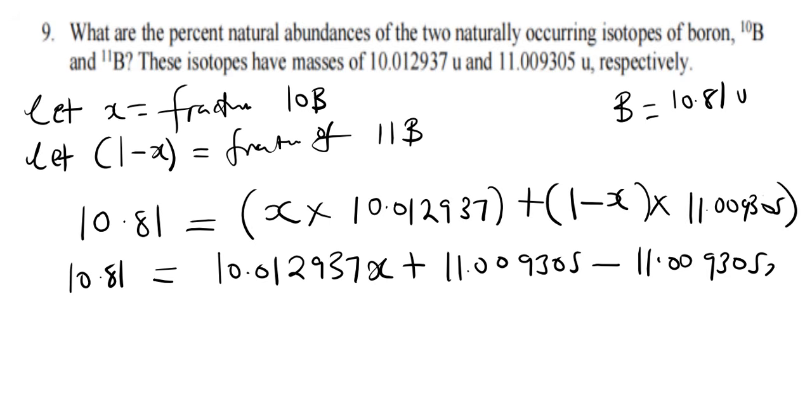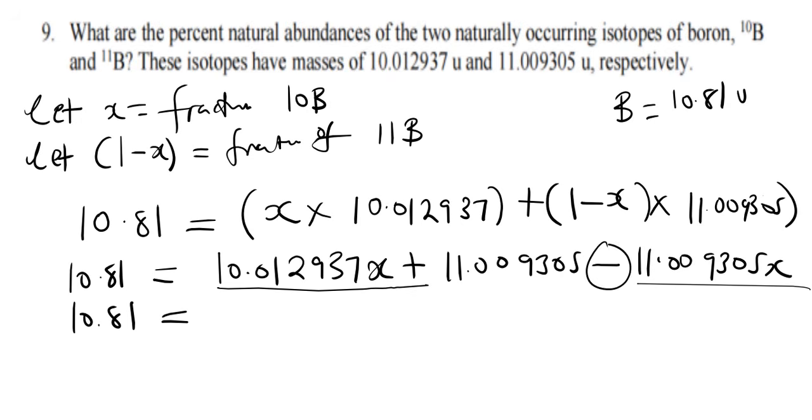Then what do we do? Just as a normal equation, we put the like terms together. So I'm going to have 10.81 equals, this one has x, this one also has x, and there's a minus there, so I'm supposed to subtract the two.